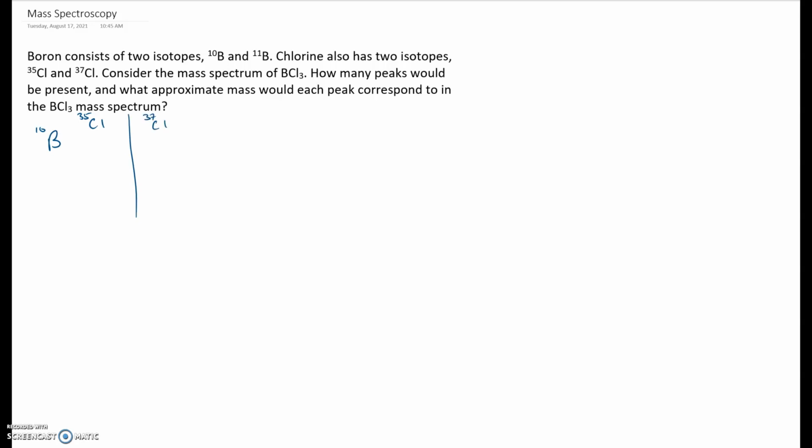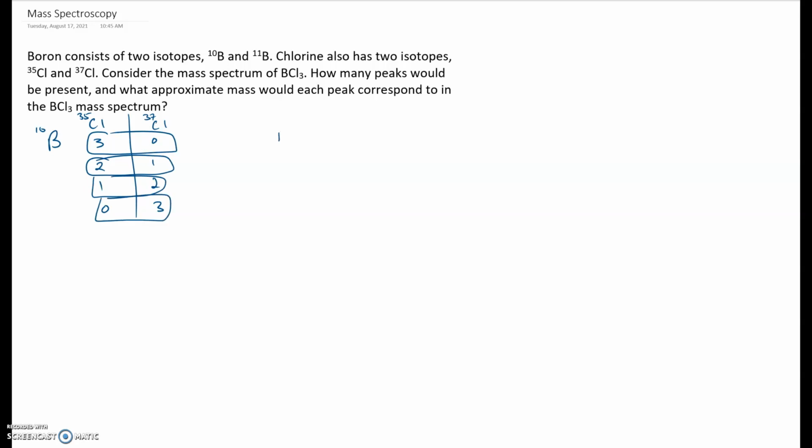So it could be a boron 10 bonded to three chlorine 35s, 2, 1, or 0, and then for the 37, it would look like that. So we always have to have three chlorine atoms. If we have less than 3 of the chlorine 35, then the remainder has to be chlorine 37. And so each one of these will give me a peak in my mass spectrum.